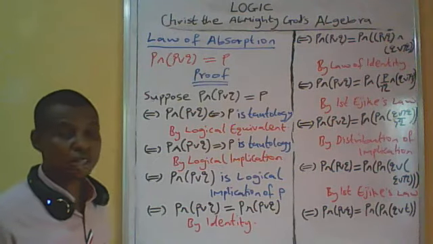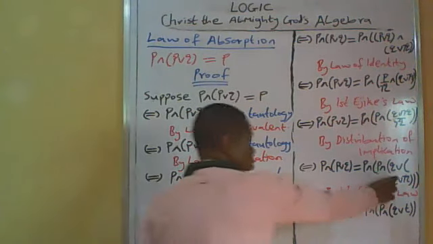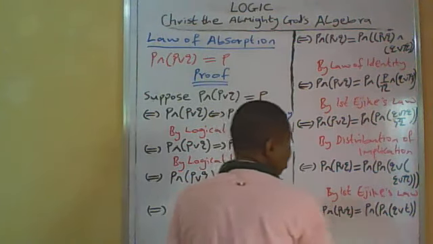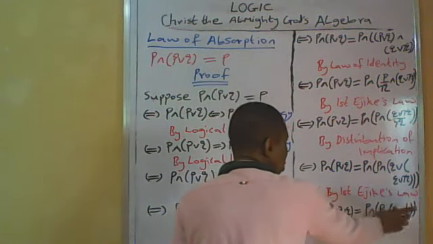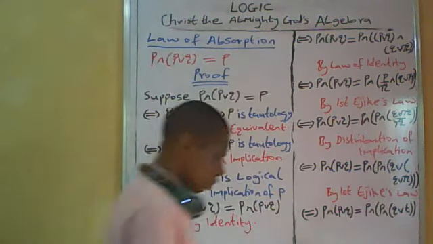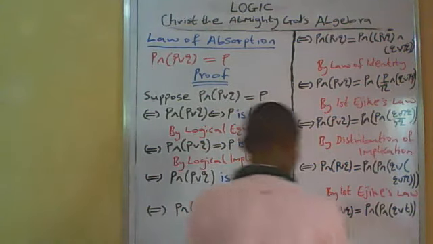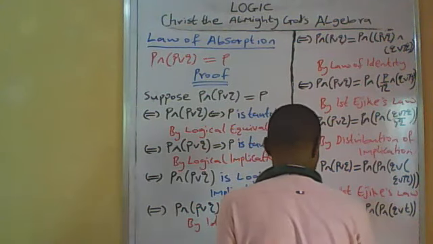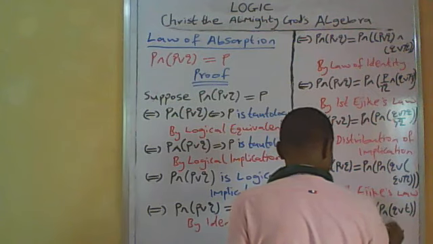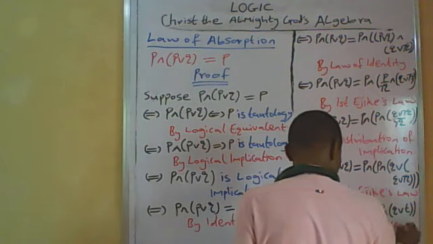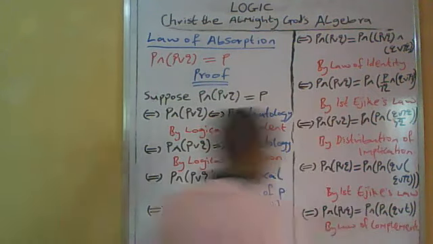Through the law of complement, we substitute this Q or not Q with T. That's why I have P and bracket Q or T, being justified by the law of complement.